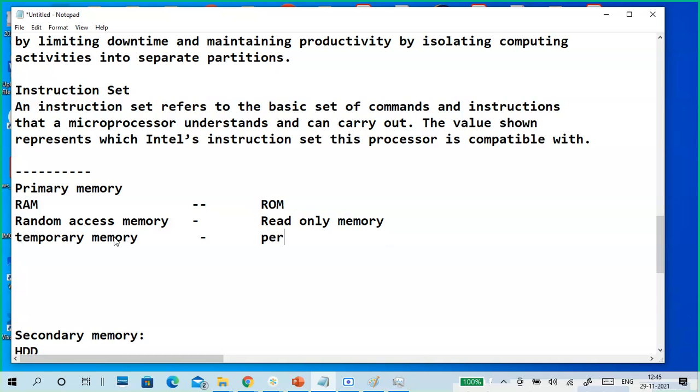ROM is a permanent memory, so we can't erase the data. Next, this is called volatile, and this is non-volatile.